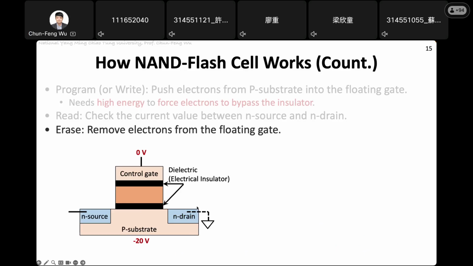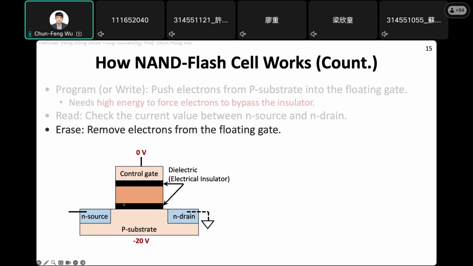This is the reason why the erase granularity is a block, but the rewrite is a page, because the erase operation applies a super high voltage on the P substrate. I didn't put a circuit-level figure here, but you can imagine that on this P substrate there are a lot of floating gate cells.